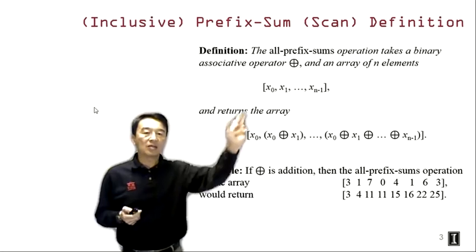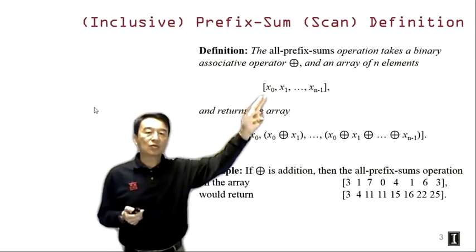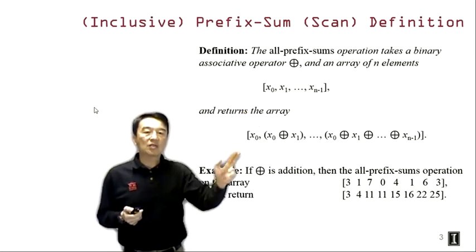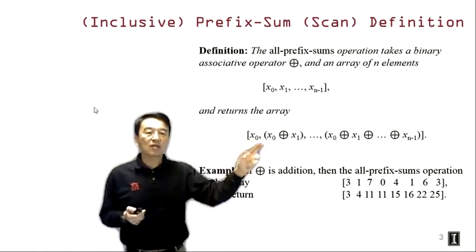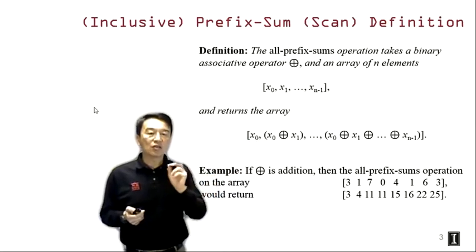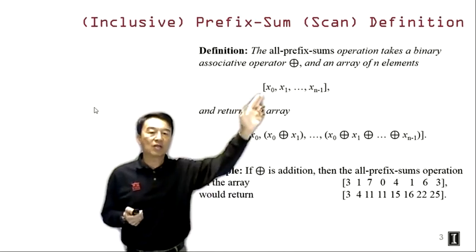When we apply scan to the sequence of numbers, we generate another sequence of numbers. Each element of the new sequence is the cumulative application of that operator to all the previous input elements.